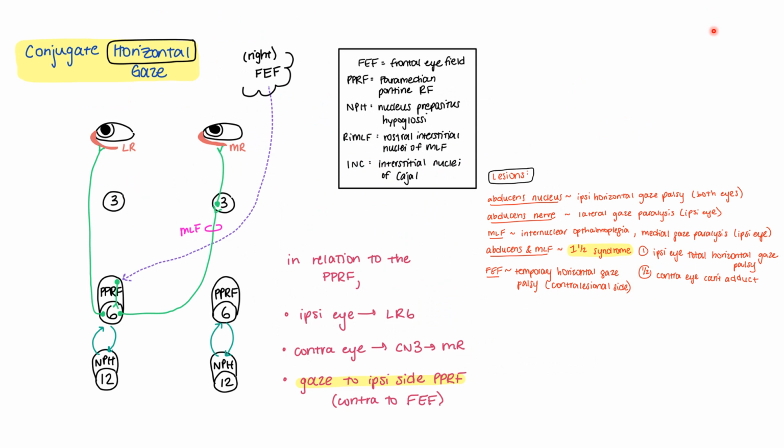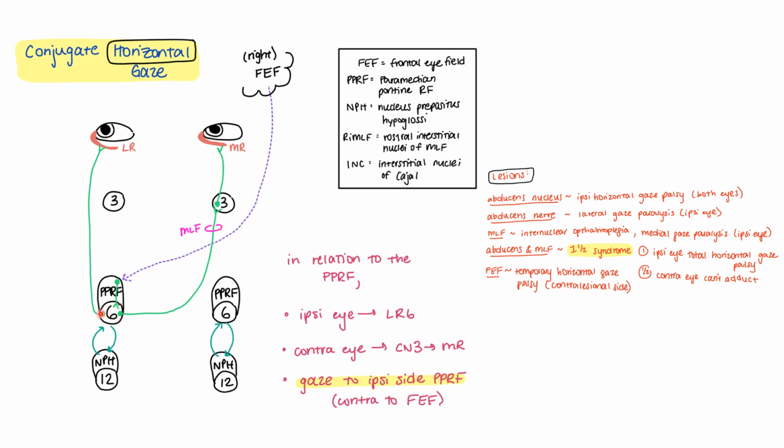Okay, so I'm really quickly going to review conjugate horizontal gaze, and then we'll go over vertical. So for horizontal, you're going to be getting contralateral input from your frontal eye field. That's going to cross over and activate your PPRF, which is the paramedian pontine reticular formation. That is your brainstem instigator of horizontal conjugate gaze. When your frontal eye field hits that, it's going to activate your abducens nucleus.